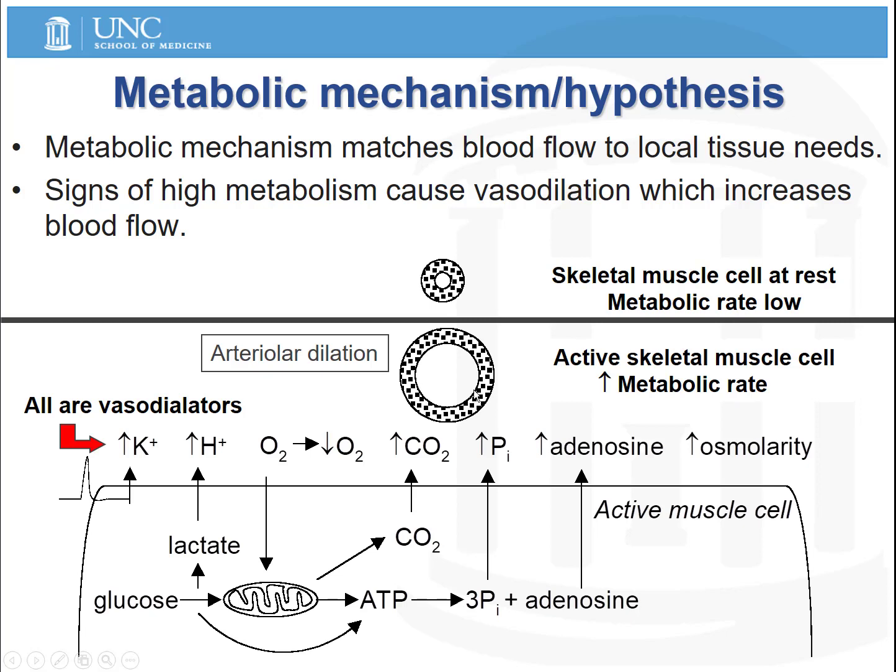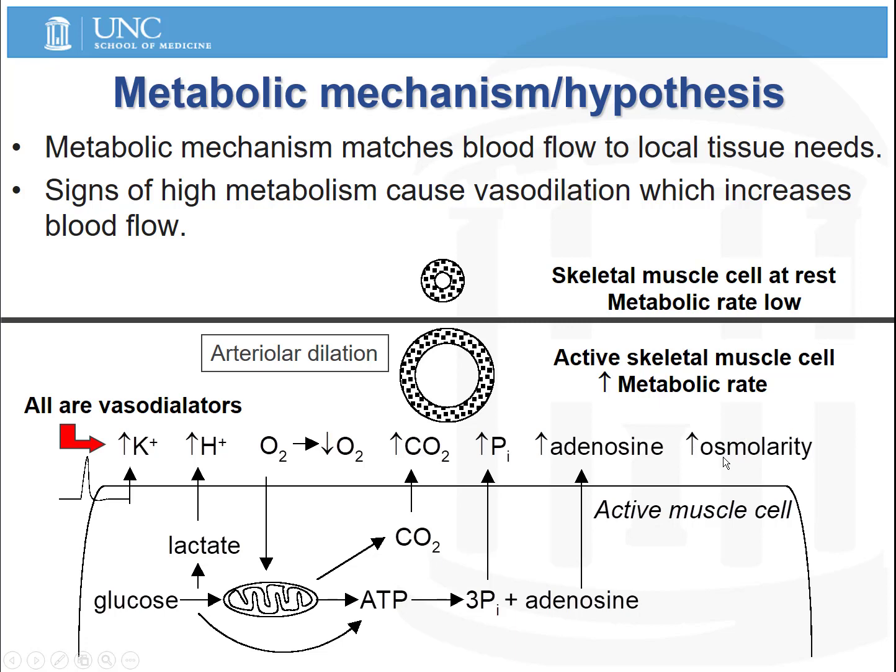But then in an active skeletal muscle cell during exercise, for example, there's a really high metabolic rate. There's consumption of oxygen, and there's also the accumulation of all of these vasodilator metabolites, including potassium, hydrogen ions, lactate, carbon dioxide, and adenosine, and all of these things lead to an increase in the local osmolarity as well.